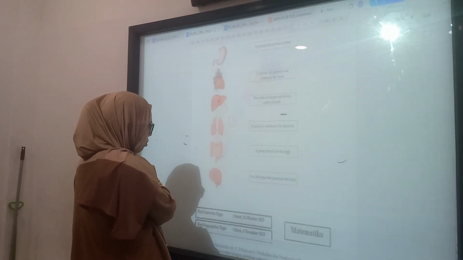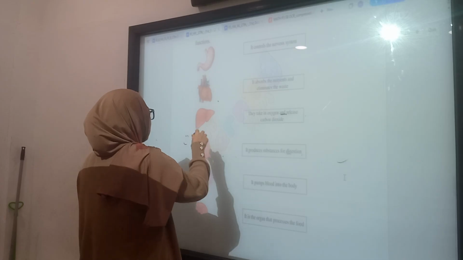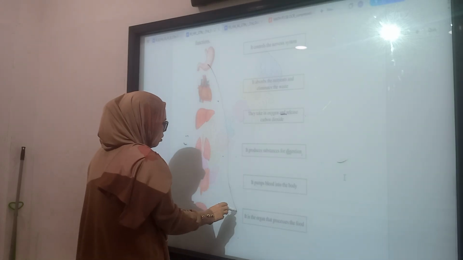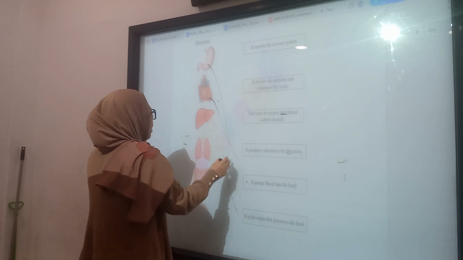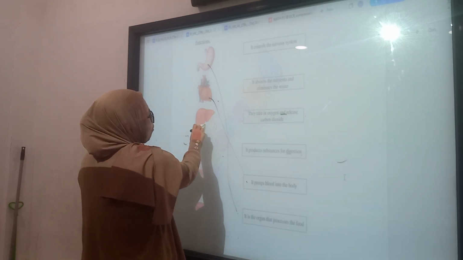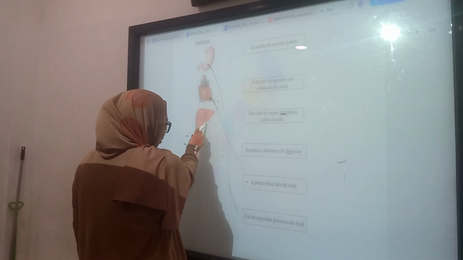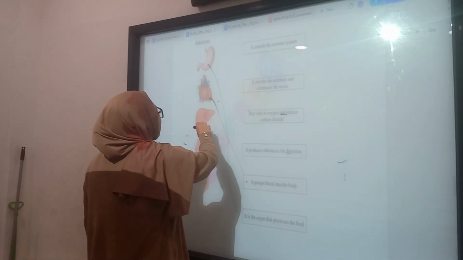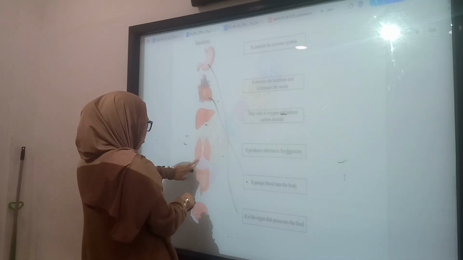Okay, I think this one's better. Okay, lungs is like this, and then this heart pumps the blood. Sorry, this organ that produces food.